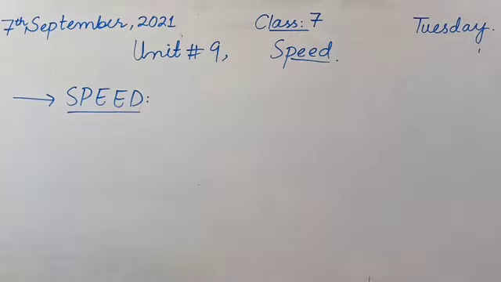Speed of an object is defined as the distance travelled by an object per unit time.